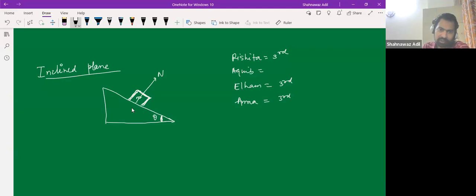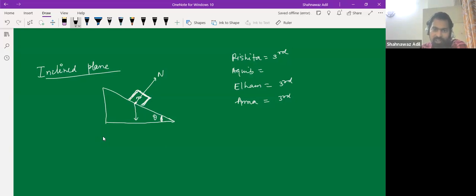Now at this point the gravity is acting. So what would be the direction of the gravity? Negative. Yeah, it will always be downwards, right?